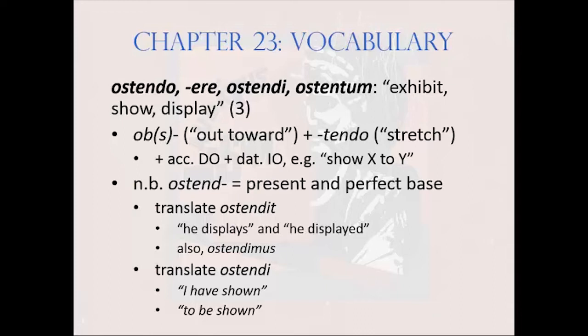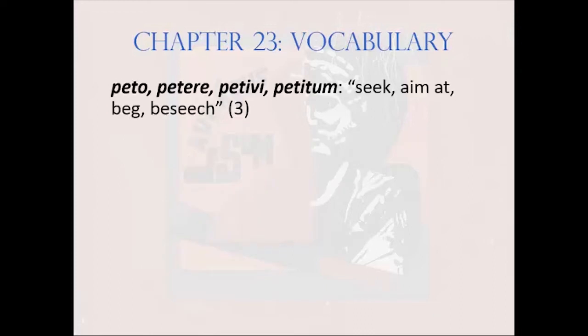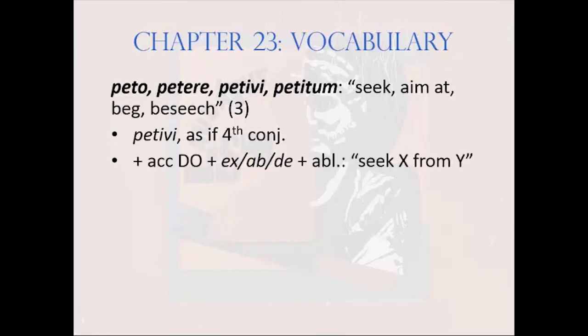And next comes another verb, peto, petere, petivi, petitum, meaning seek, aim at, beg, or beseech, also third conjugation. But note that the third principal part, petivi, is formed as if this verb were fourth, not third. Its sense anticipates both an accusative direct object and a prepositional phrase, ob, ex, or de plus the ablative.